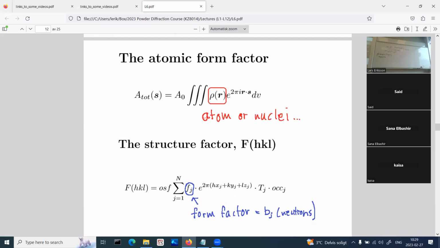In a neutron scattering experiment the nucleus is just a point, but on the other hand, there are electrons and magnetic moments, so perhaps there is a density. For atoms or nuclei, this is a way to define a small part of the scattering from each atom, and then summing over different atoms makes up the structure factor. Here we speak about the atomic form factor, which is this whole expression times some other factor.